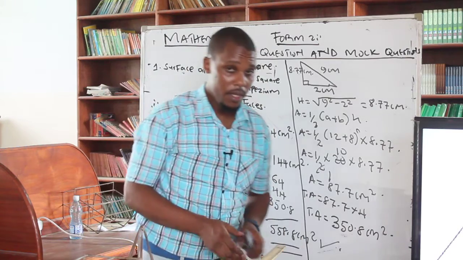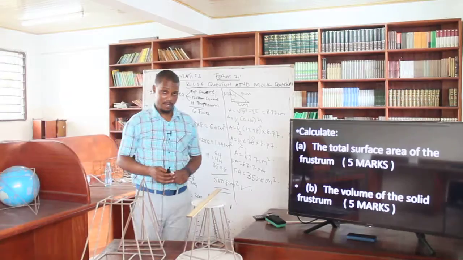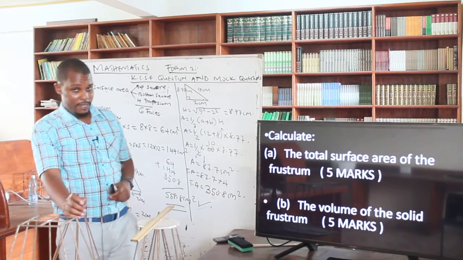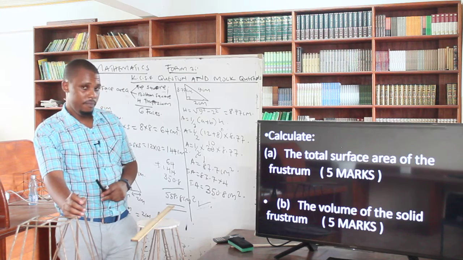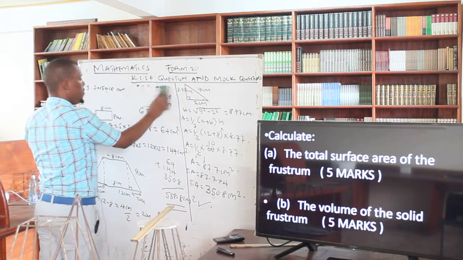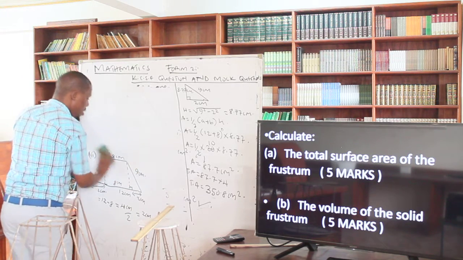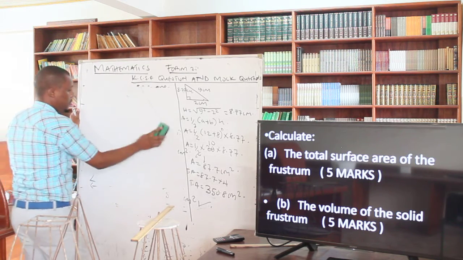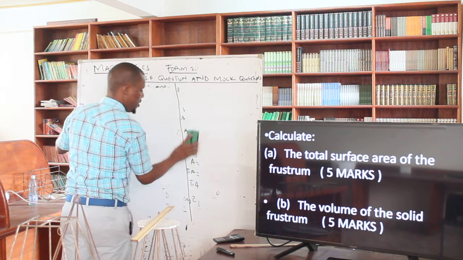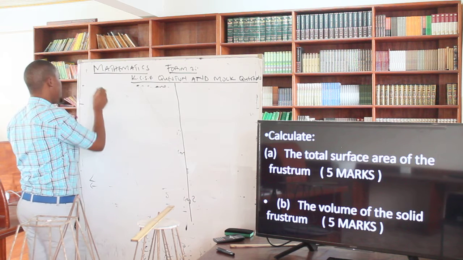Then part B. When you come to part B, what are they telling us? Again, you are given 5 marks, but this time you are told to find the volume of the frustum.